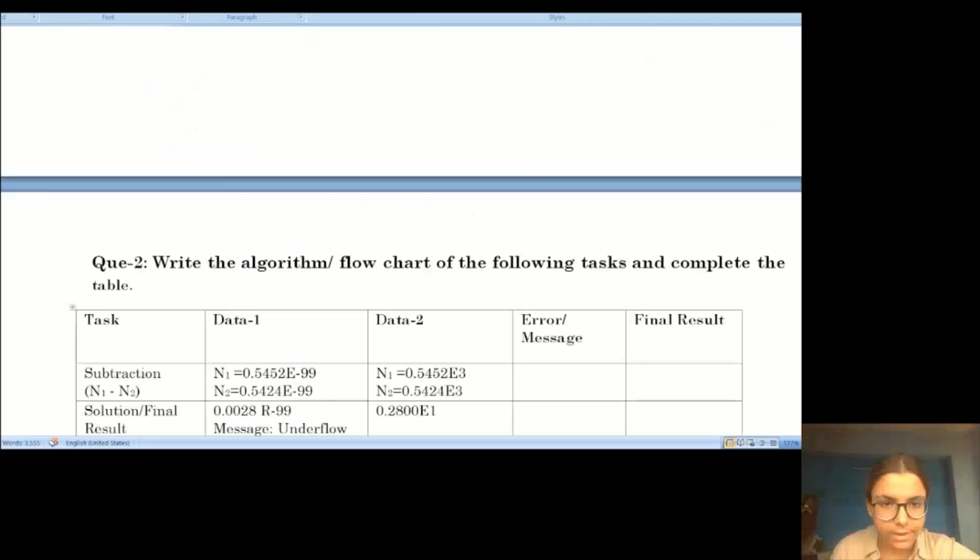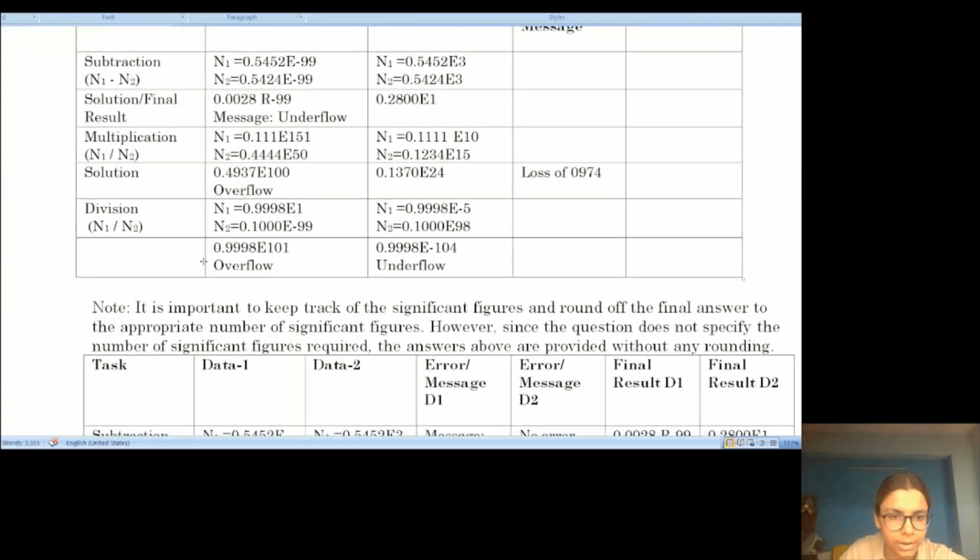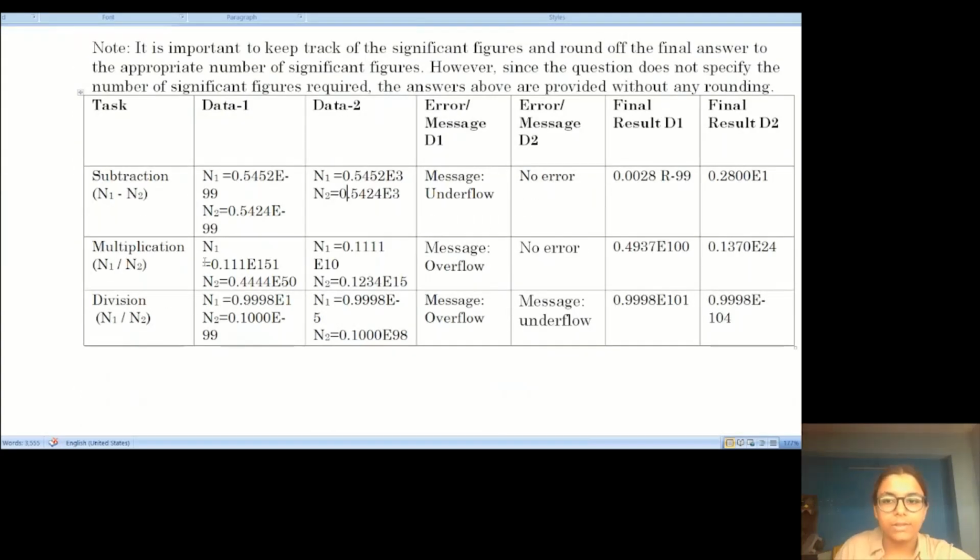With this, we just started. The question is, write the algorithm flowchart of the following task and complete the table. As you can see, I've already completed the table, where there was given a task where we have to subtract two numbers, and it was given some two data, where we had n1 and n2 for each of them.